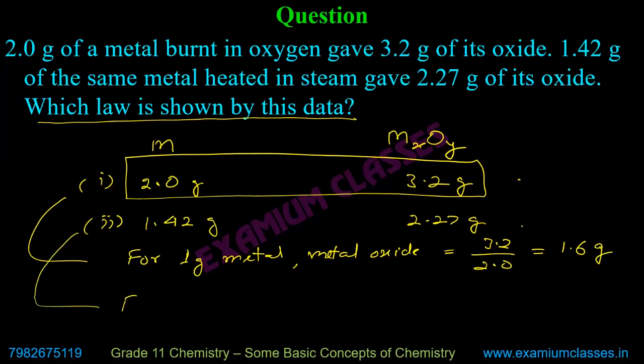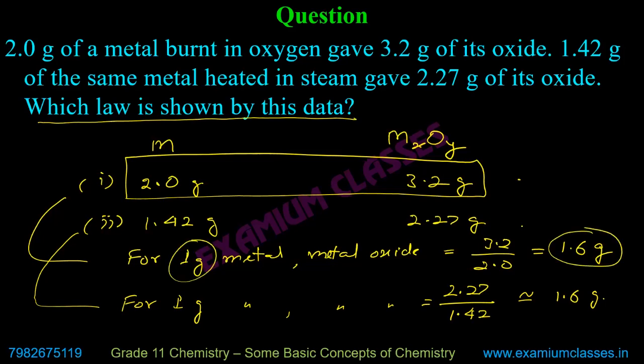The second one gives, for 1 gram of metal, the oxide as 2.27 divided by 1.42. Here again you will get 1.59 something, which is approximately 1.6 grams. It means whatever oxide you have, if it is 1.6 grams total, 1 gram is metal.